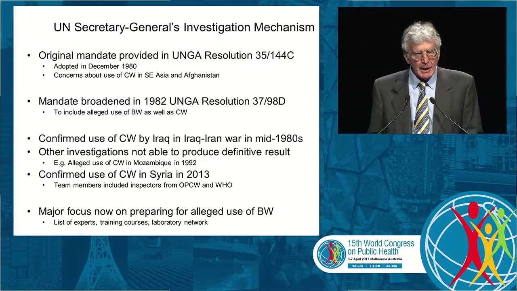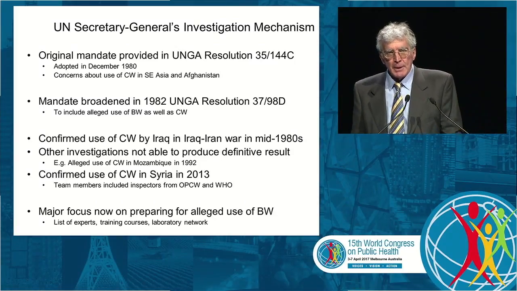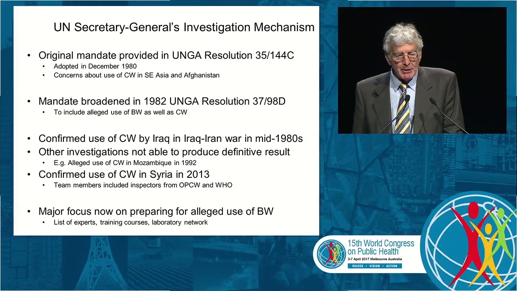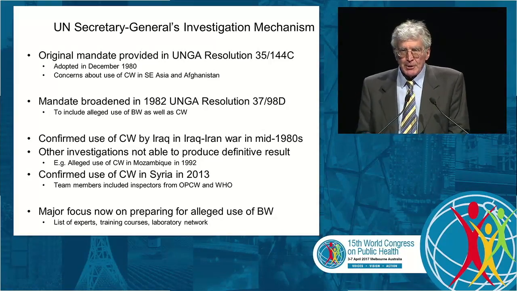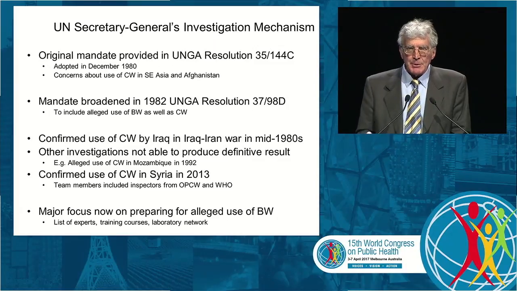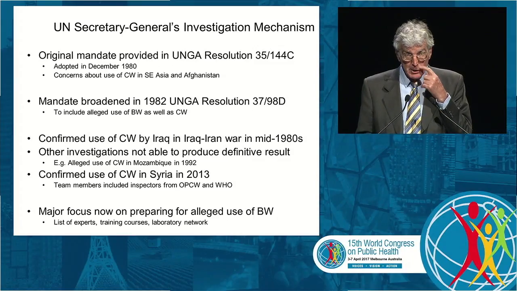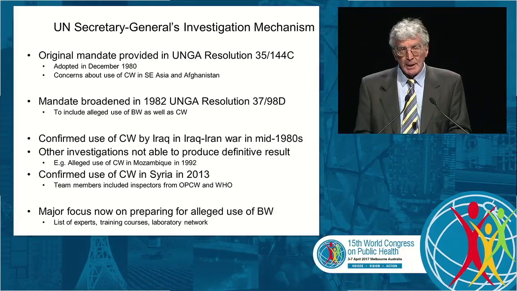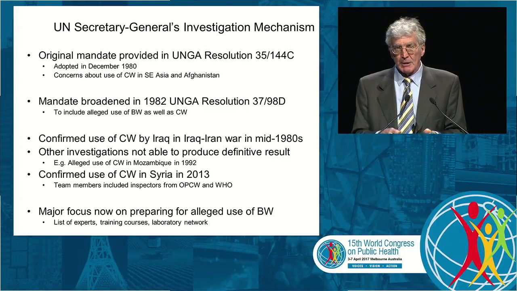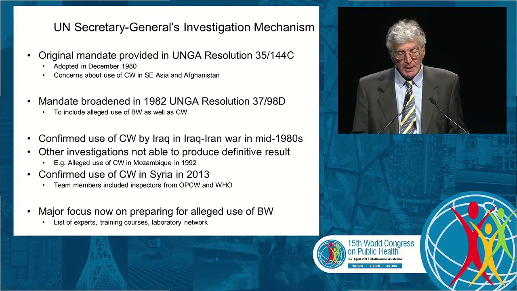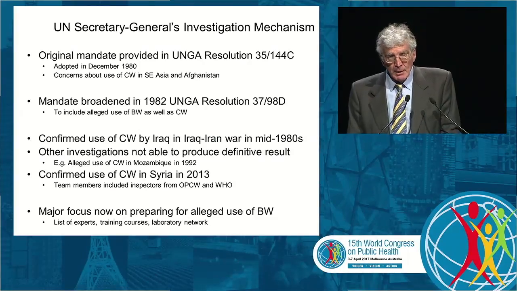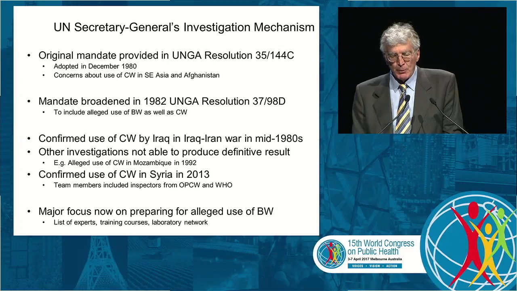There'd also been, going back to the early 80s, a mechanism developed by the UN Secretary General to investigate alleged use of either chemical or biological weapons. This method was used initially in the Iraq-Iran war in the 80s, and by the early 2000s there was much more focus on using this mechanism for alleged use of biological weapons.